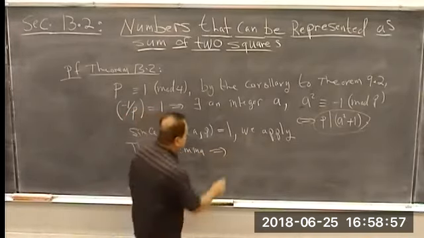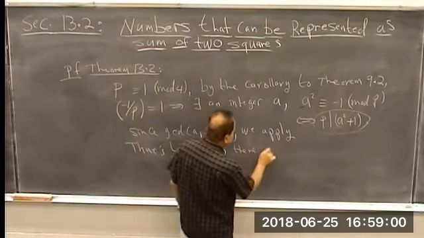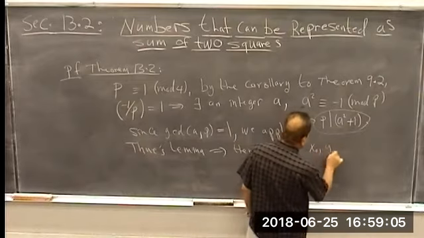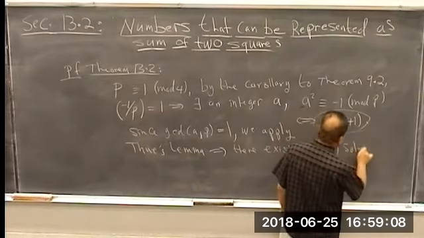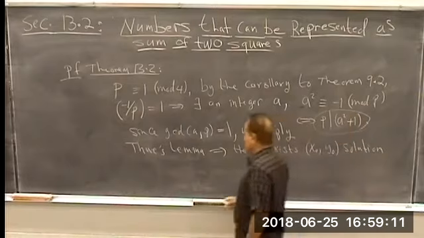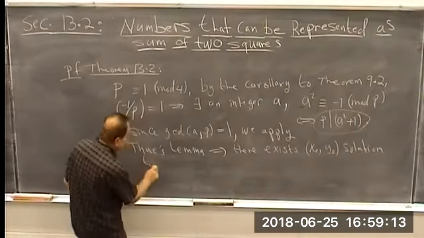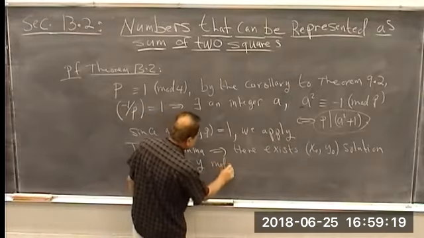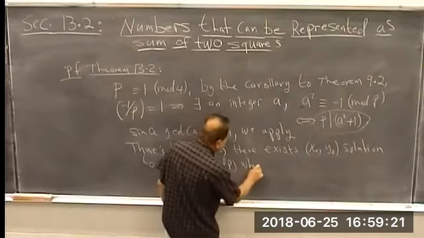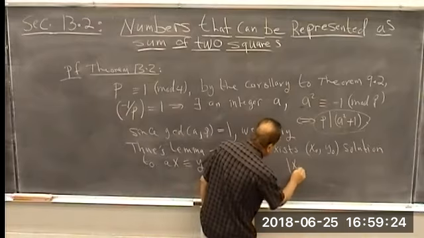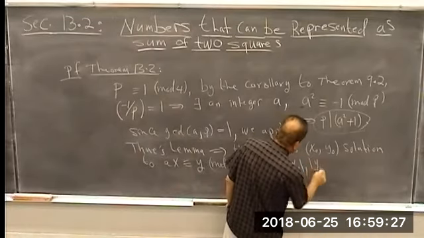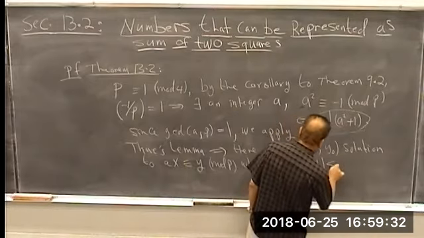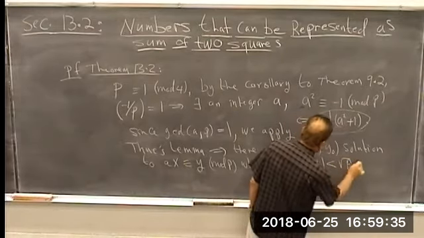And this implies there exists x sub 0, y sub 0, a solution to this congruence, where the absolute value of both x sub 0 and y sub 0 is strictly positive and less than the square root of p.